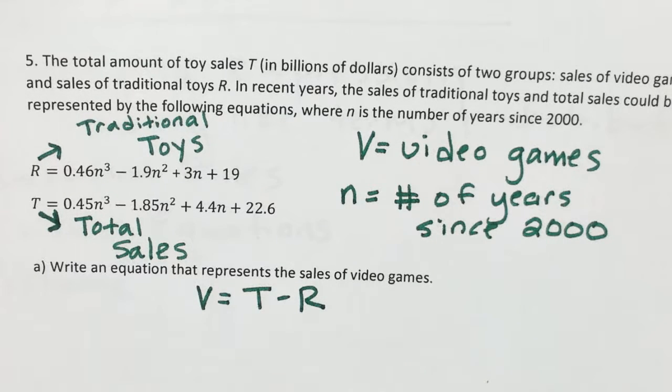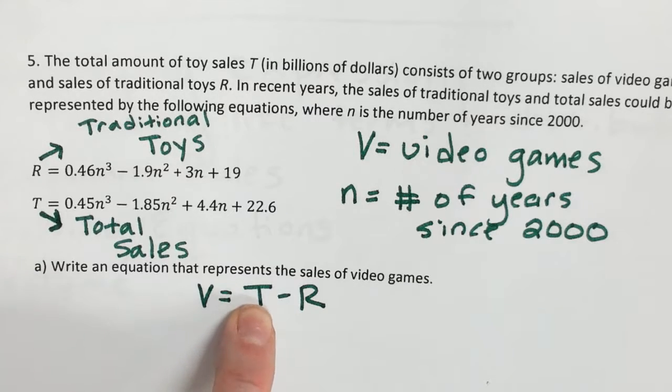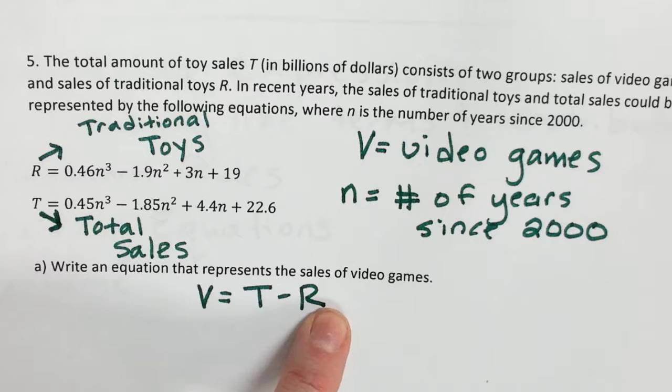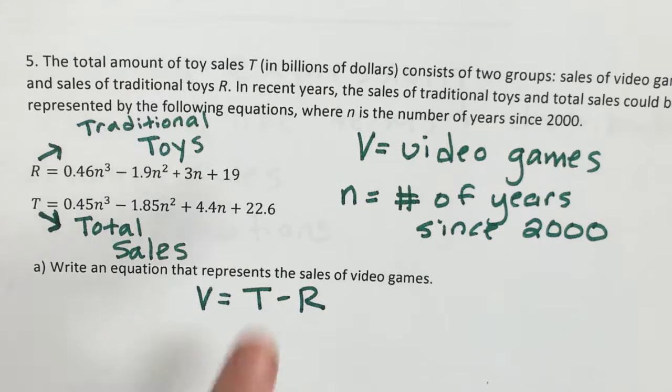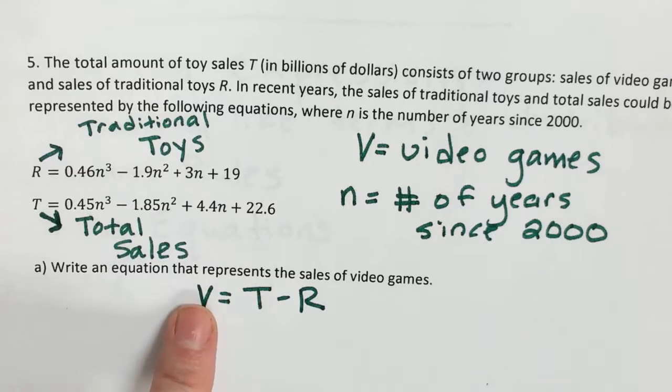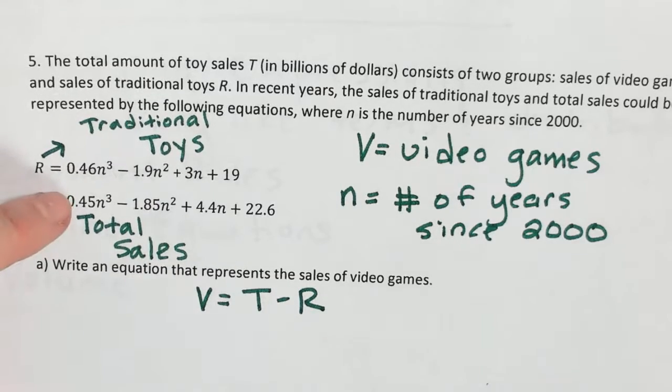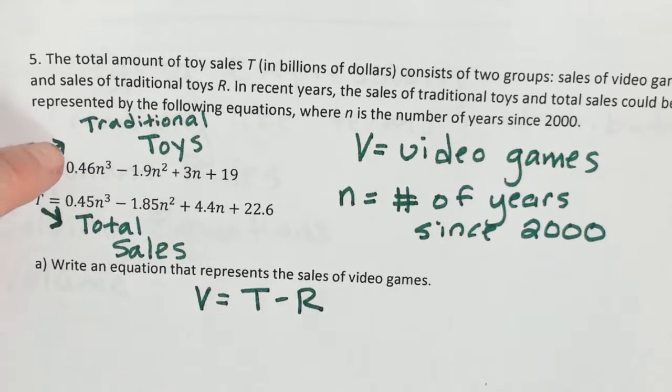The video game sales is equal to the total sales, everything, minus the traditional toys. Okay, so T is total sales, so this is everything. If I take away the traditional toys, then I have video games left. So, to figure out the video games, we're going to take T, this expression, minus R, minus this expression.